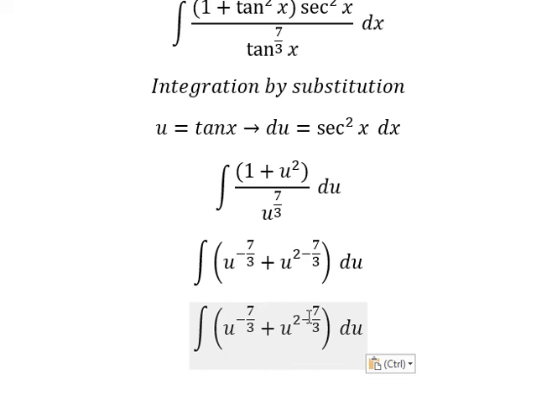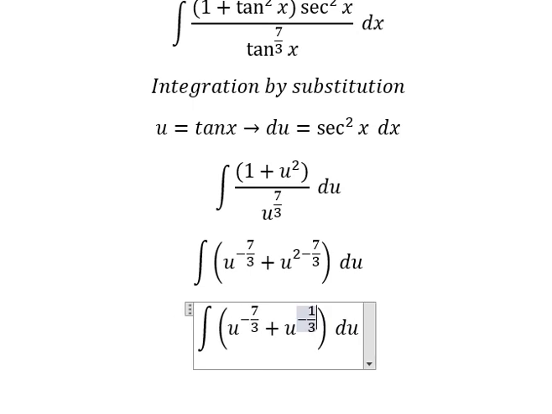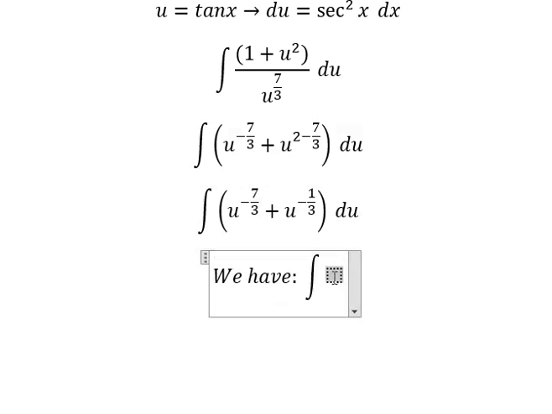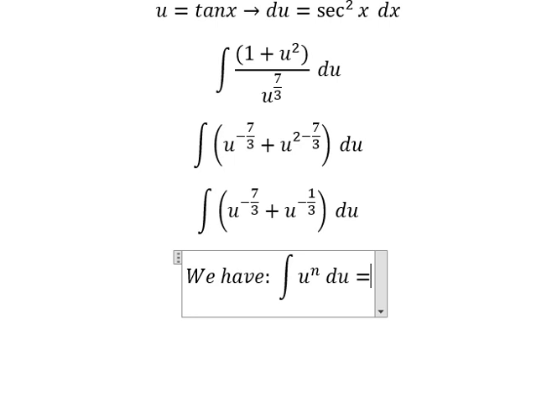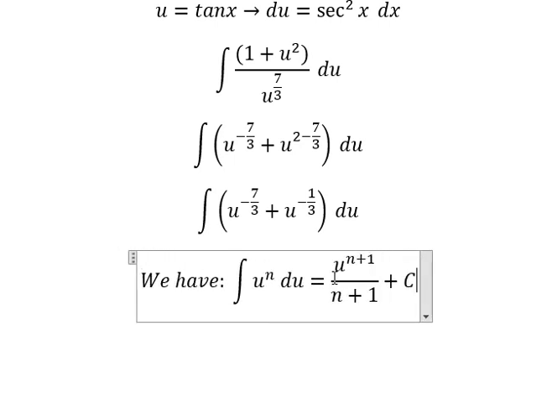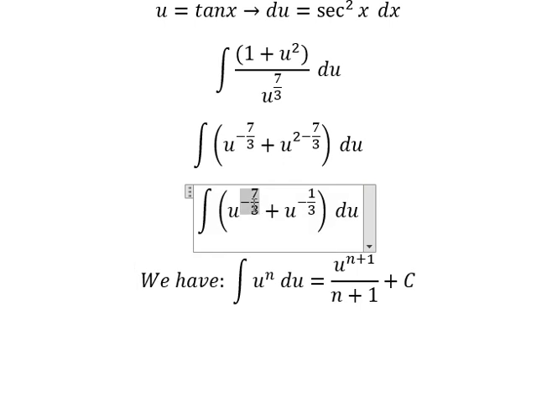So number 2 minus 7 over 3, we have negative 1 over 3. And now we have the formula in here. So we put negative number 7 over 3 on here and we have this one plus 1, similar for the second one.